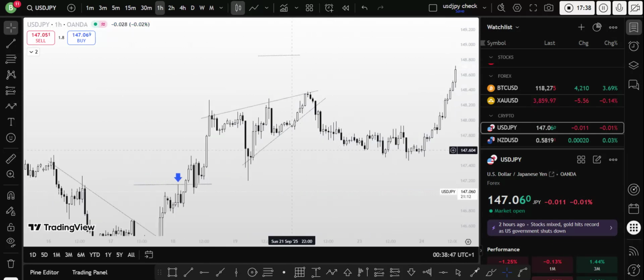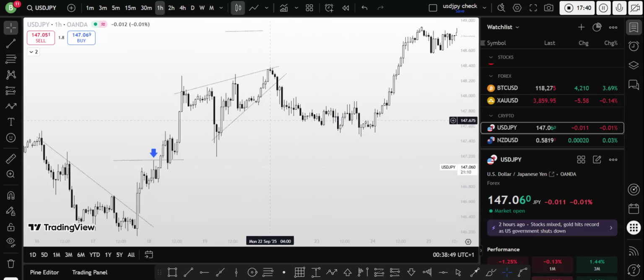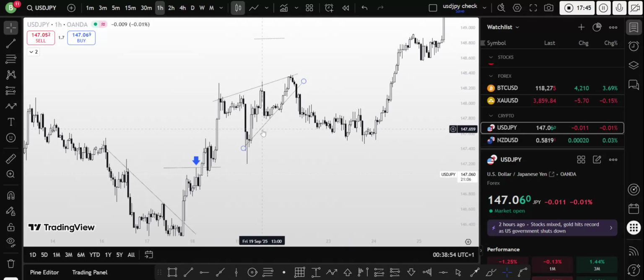So this is it. The first liquidity that we have is at this level here, but you can see the market is not moving that much. This is your Monday, Tuesday market, so the market is not moving much. So marking out this first liquidity level here, price just broke out this trend line.